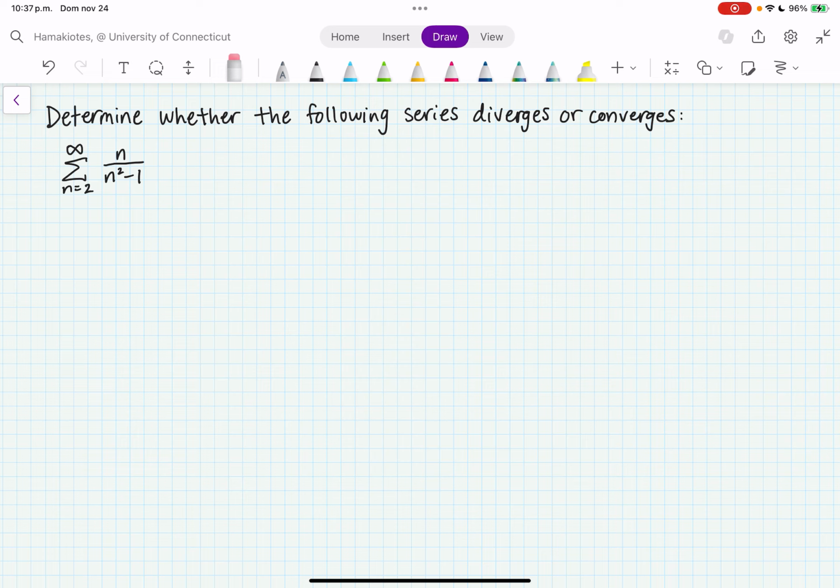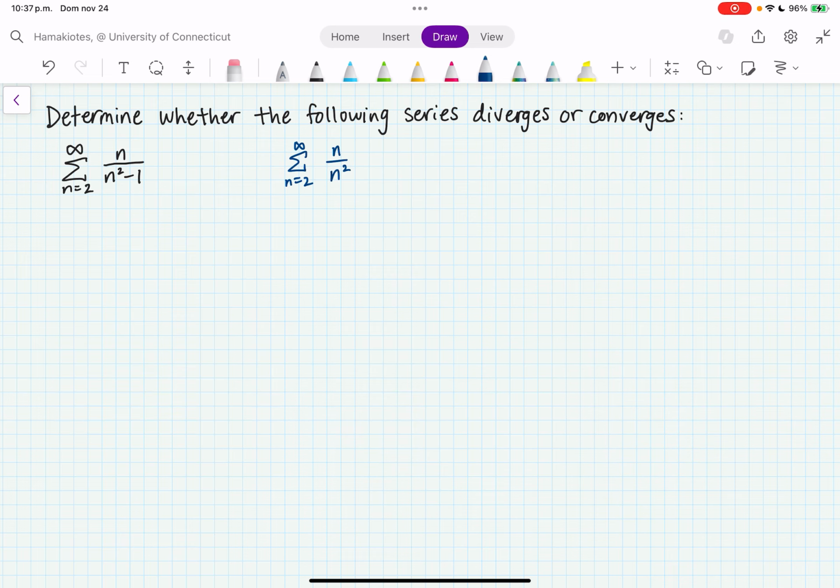First, we can notice that n over n squared minus 1 behaves like n over n squared, because in the denominator we're subtracting 1, which doesn't do much as n gets very large.